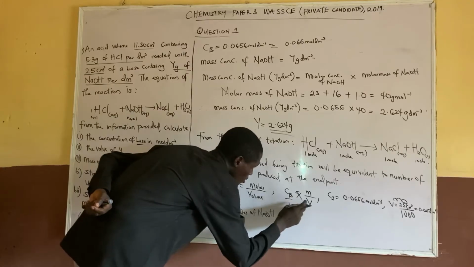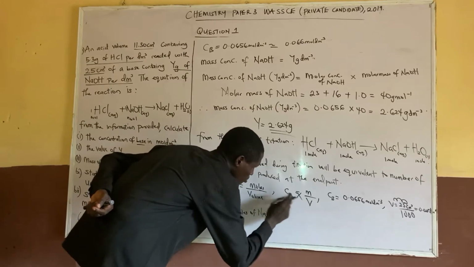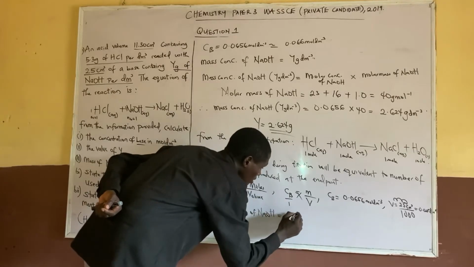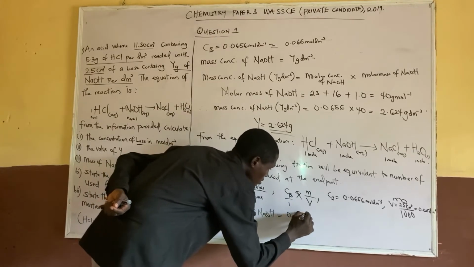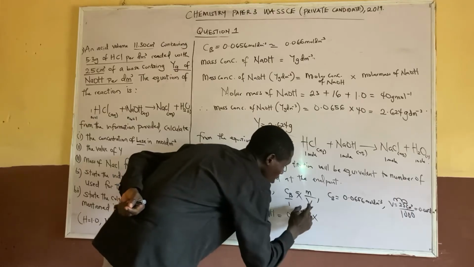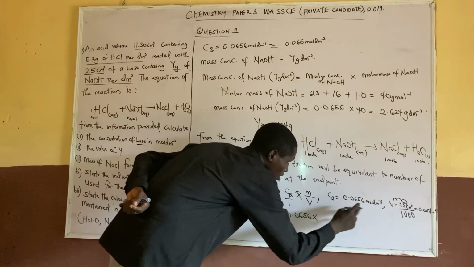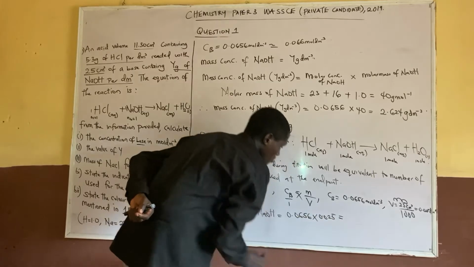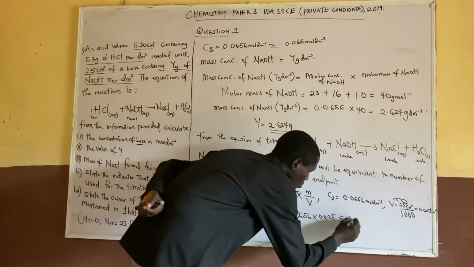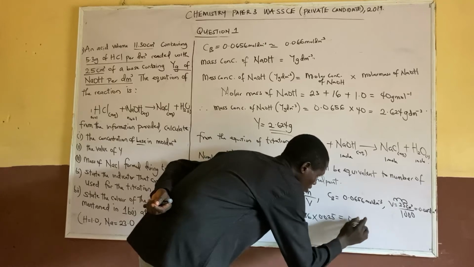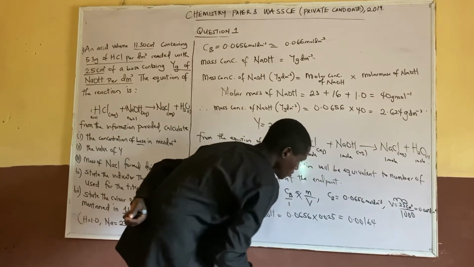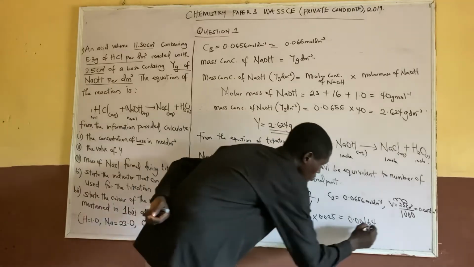Your Cb is 0.0656 multiplied by V, which is 0.025, which will give us 0.0164 moles.